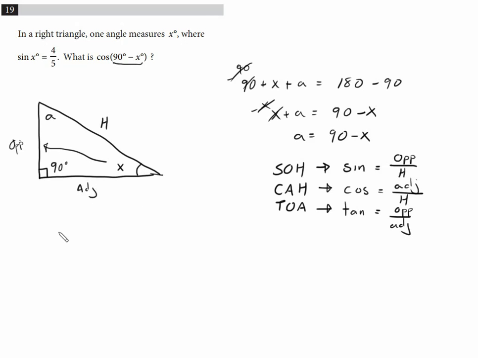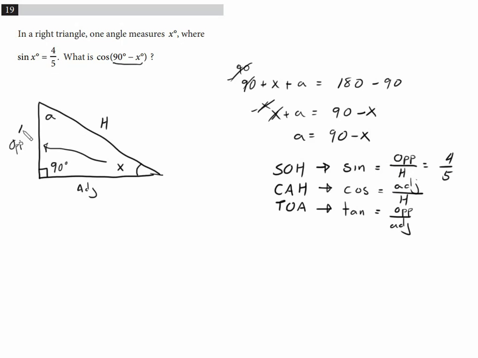So let's try to set this up one more time. And what they are telling you, with this information, let's go ahead and fill in what we know. So if the sine is 4 over 5, opposite over hypotenuse, so the opposite, in this particular case, is 4 over 5.